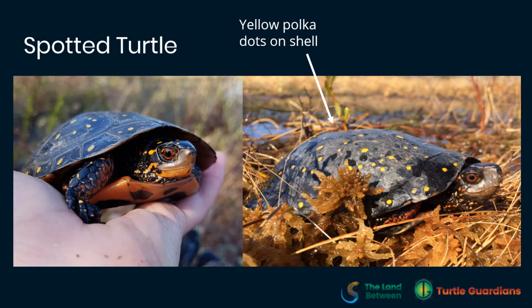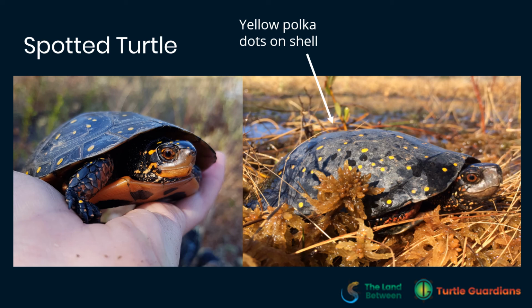Here we have a very sweet little turtle called the spotted turtle, for obvious reasons. Its shell has beautiful dark yellow spots, so they're very easily distinguishable from the yellow flecks of a Blanding's turtle because these dots are very big, round polka dots. Spotted turtles will also often have orange markings.